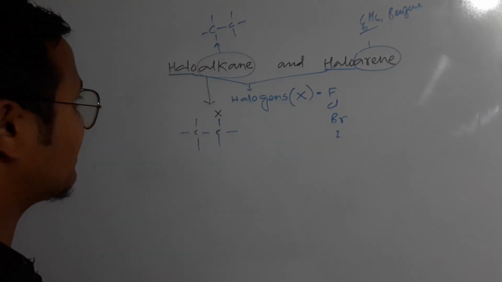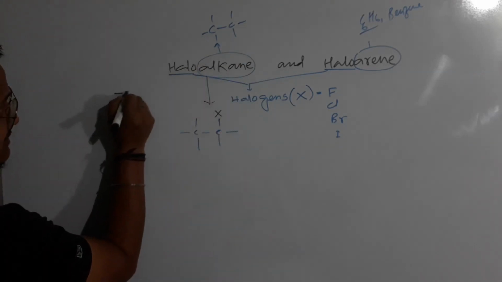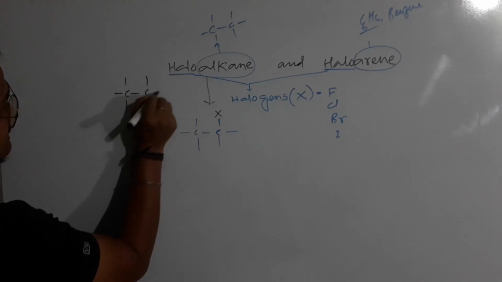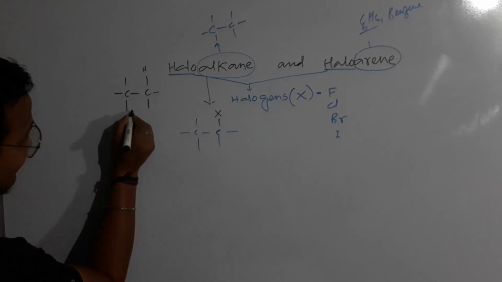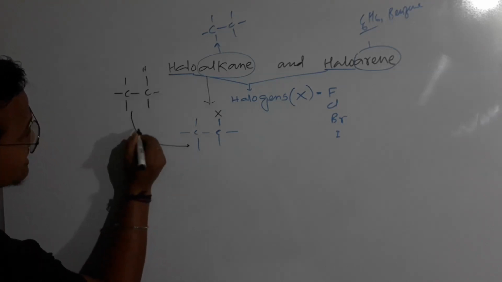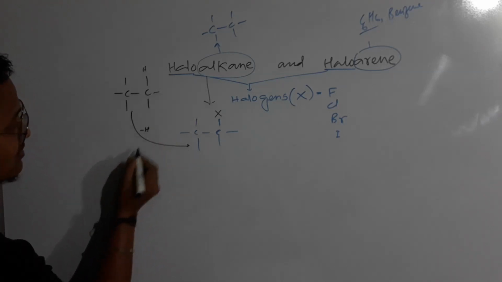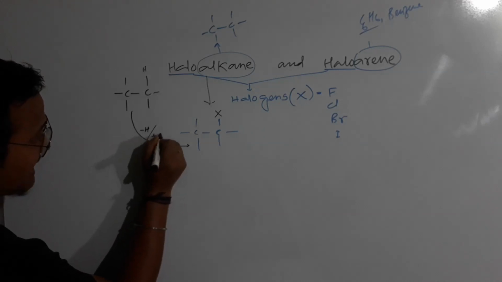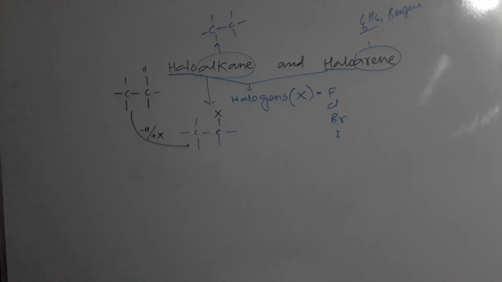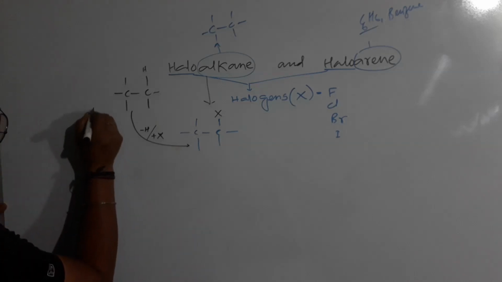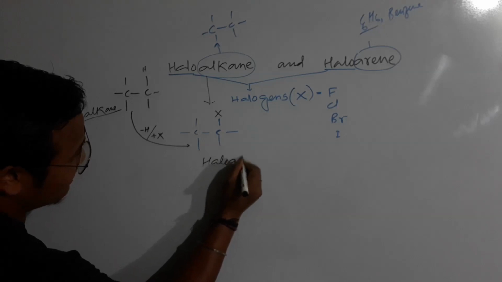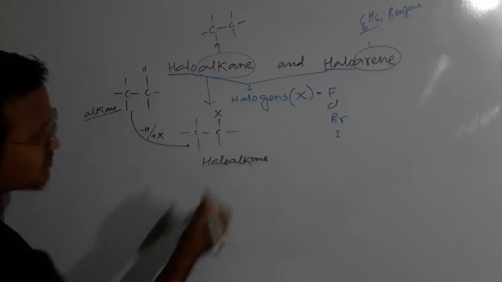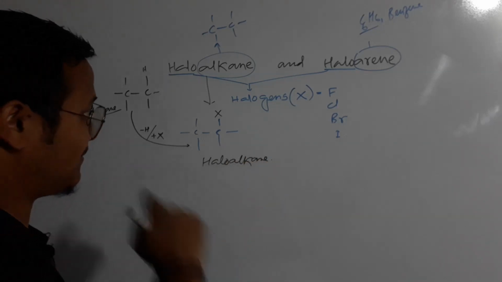Now think about this. Earlier we had hydrogen in the alkane compound. Now we eliminated this hydrogen and added the halogen. Elimination, addition. So from this alkane, we are getting haloalkane.